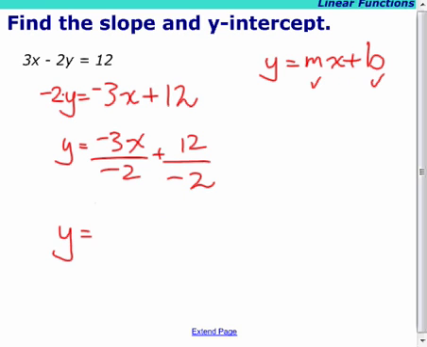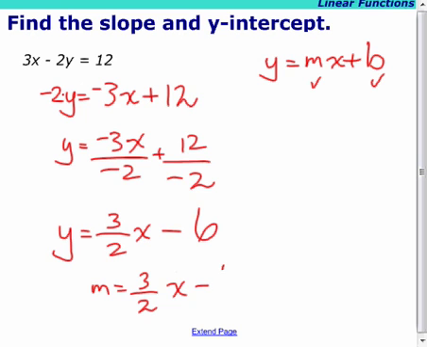Simplifying a little bit, I'll get rid of the negative signs there, and 12 divided by negative 2 is negative 6. Therefore in this equation, my slope is 3 over 2, meaning it's going to rise 3 and run 2, and my y-intercept is negative 6. Oh, whoops. Let me just erase that quick, sorry.